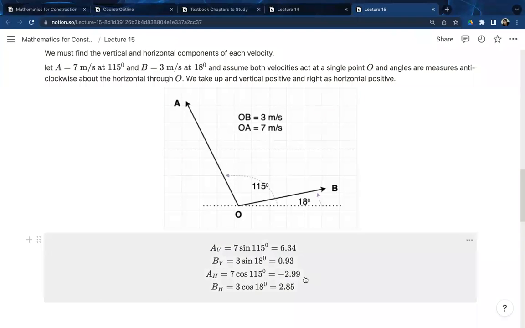So when you see negative here for horizontal, it means it is pointing left. So that component is almost 3 meters per second pointing left. The point is you don't need to visualize it totally, right? Just apply the formulas and work it out. But you have to have some geometrical sense of what's happening here.